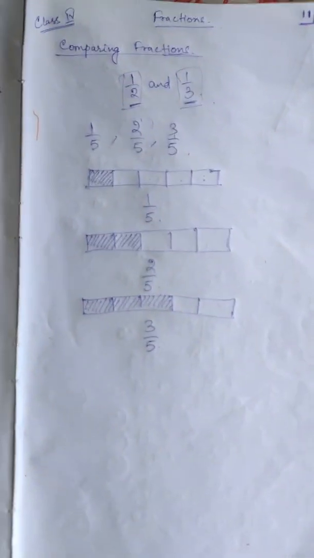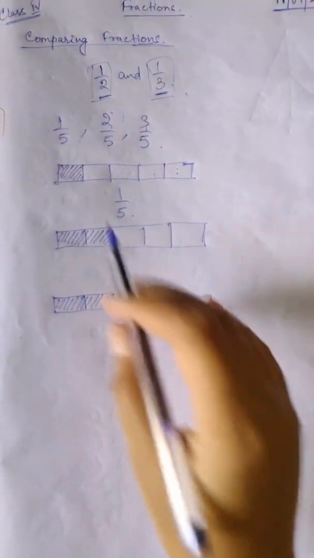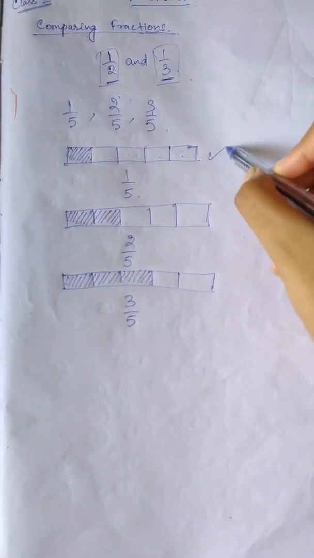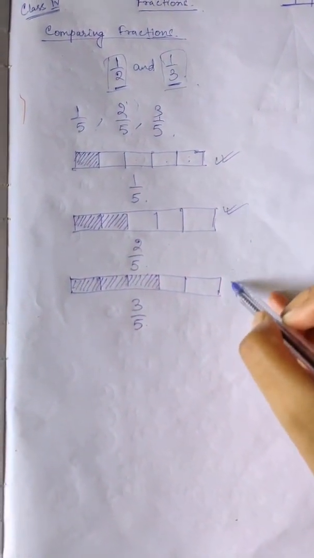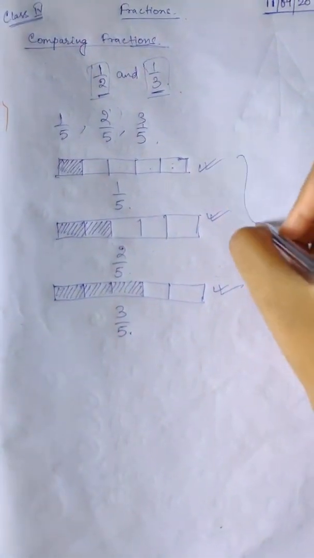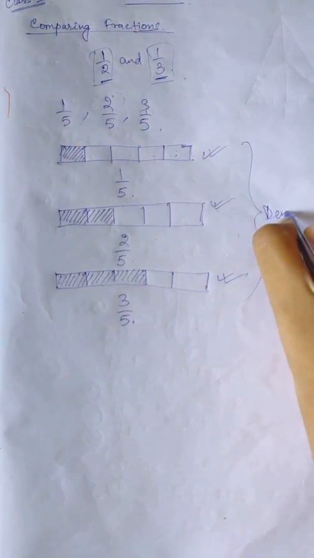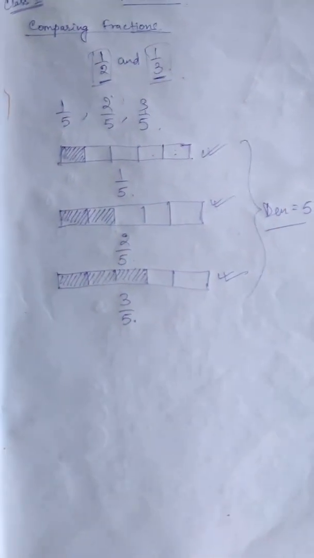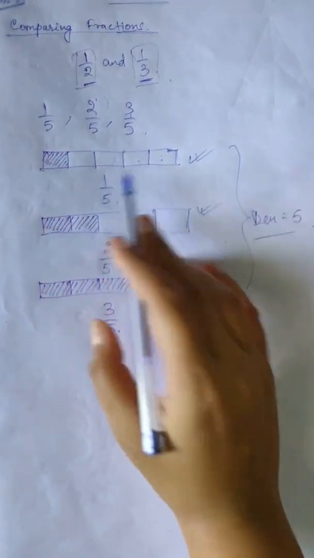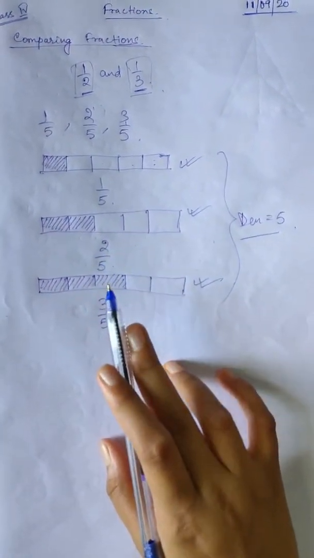Now look, it is very evident that all of them have a total of 5 parts, so all of their denominators are 5. But the numerators are different. In the first one the numerator was 1, in the second it was 2 and in the third it was 3.